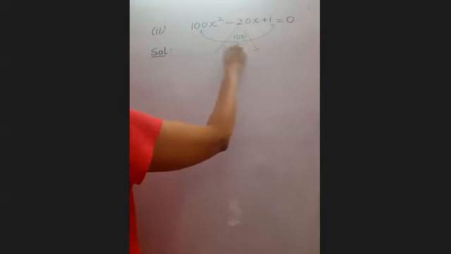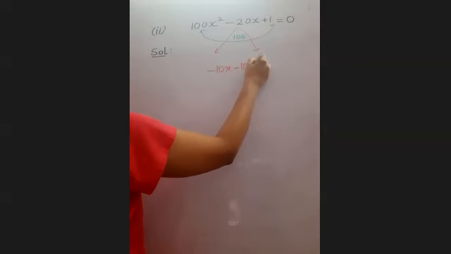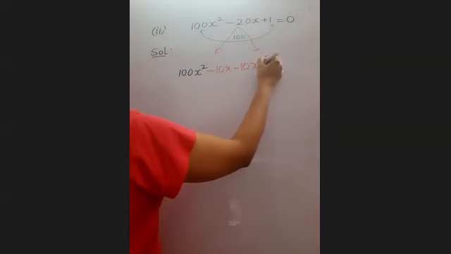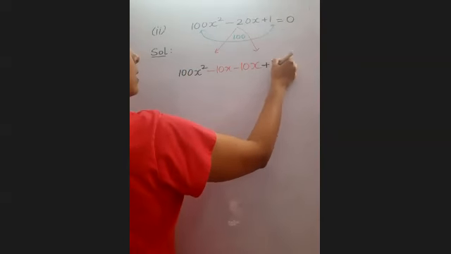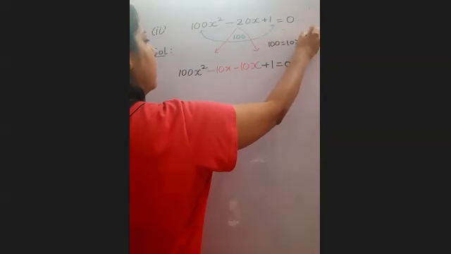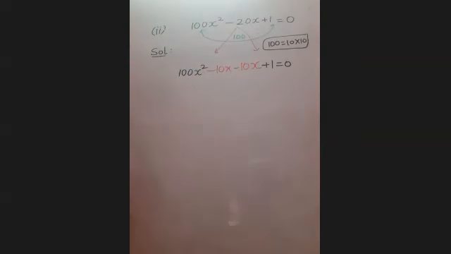How can we get it? 10 into 10, and 10 plus 10 gives me 20. It will be 100x square plus 10x plus 10x plus 1 equals 0. Okay, beta? Correct?